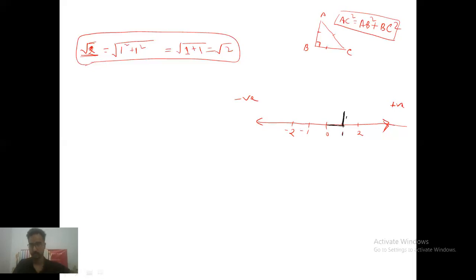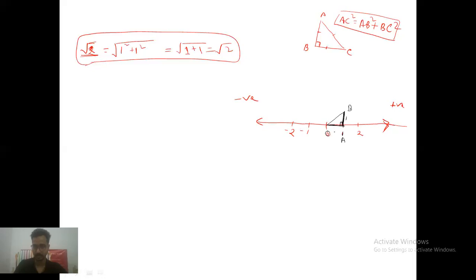Now see, when you draw a perpendicular, this will be 90 degrees. Yes or no? Now suppose this is O, this point is A, and this is point B. Now see, when you join OB, then OB will be the hypotenuse, because this is a right angle triangle, right angle at A. So OB will be the hypotenuse.